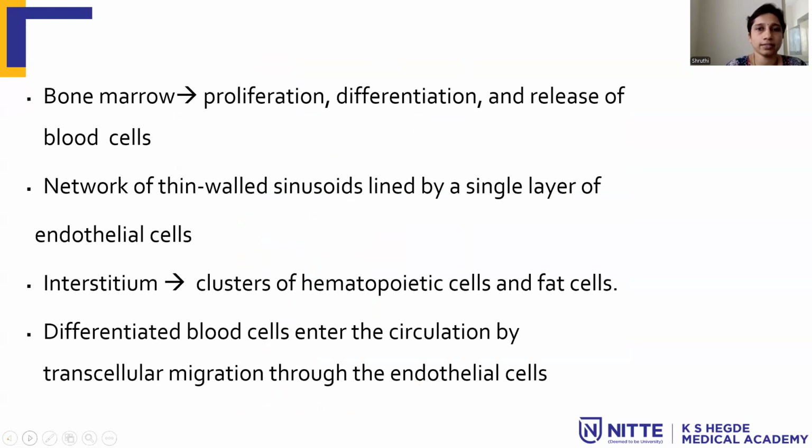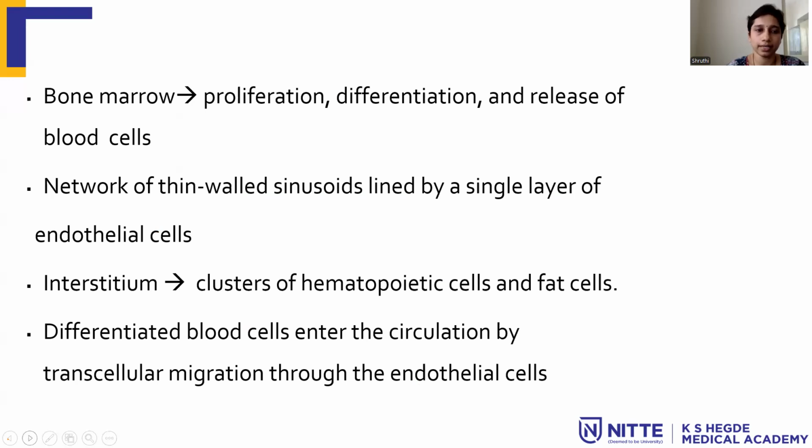The bone marrow, as the site of synthesis of these cells, leads to proliferation, differentiation, and release of the mature blood cells. So what are the things seen in the marrow? It has bone, and a network of thin-walled sinusoids, which are blood vessels lined by a single layer of endothelial cells.